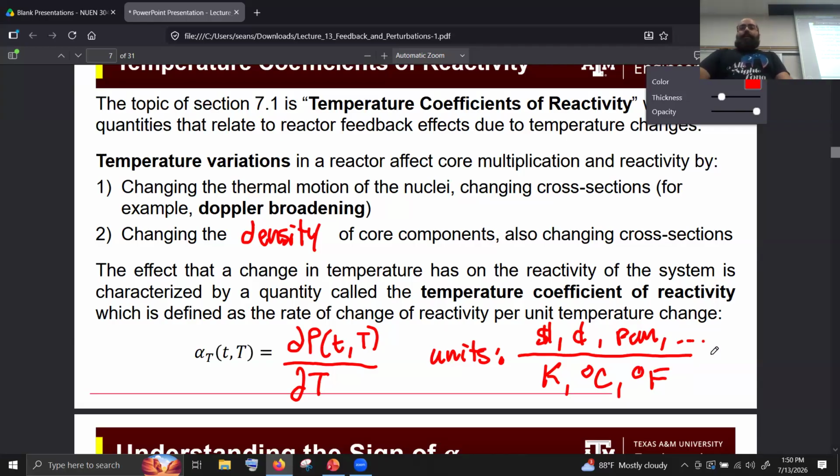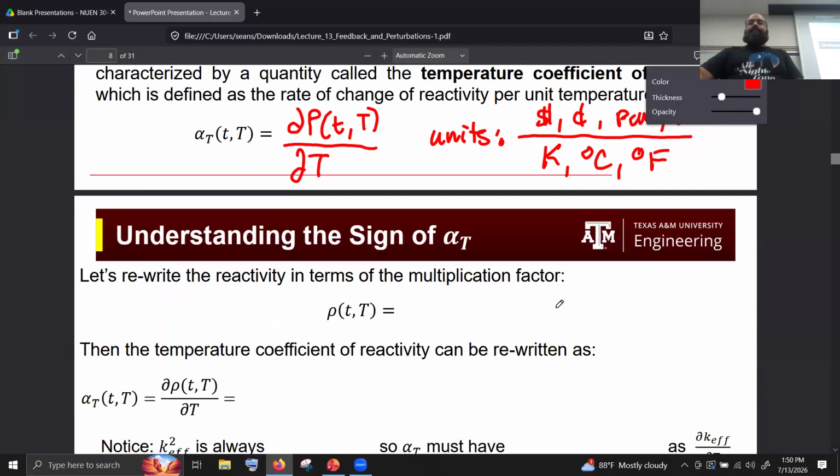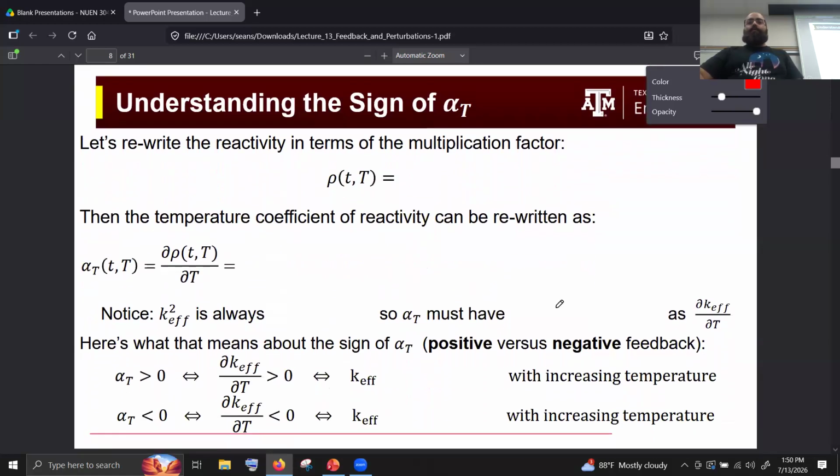And ultimately, when we are trying to figure out what a temperature coefficient is, we're mostly concerned with the sign of that coefficient. But we're also concerned about the magnitude of it as well, because some materials in our reactor might have a positive temperature coefficient of reactivity, others might be negative. And in general, what you want is for the sum of all of those things together to be negative. So when we talk about the sign, that's kind of the more important thing.